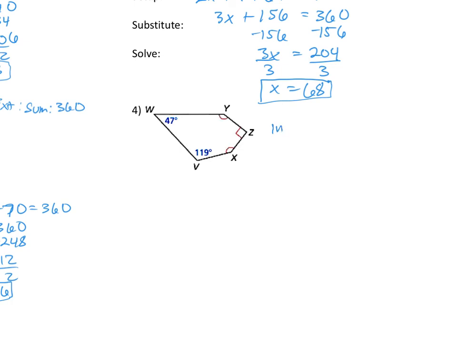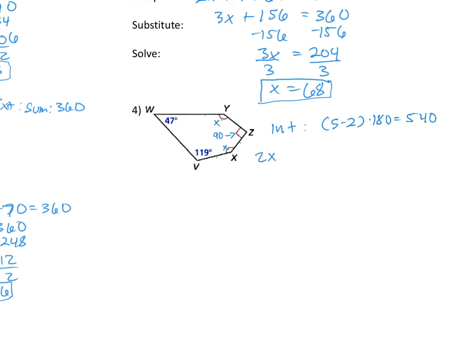Right, last one. We are dealing with an interior angle, so to find the sum, there's 1, 2, 3, 4, 5. We already did 5, but 5 minus 2 times 180 gives me 540 degrees. These two are the same. Oh, this is 90 degrees, so this is 90. So I'm going to label this x and x.